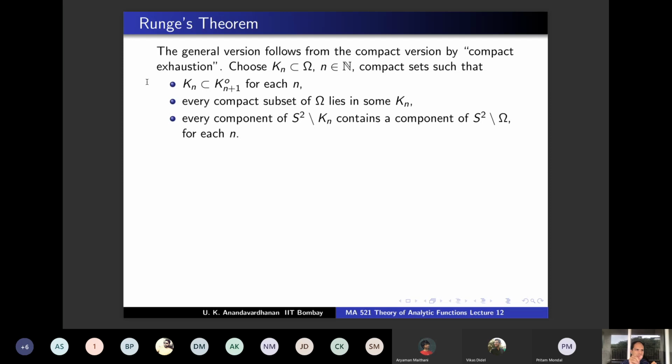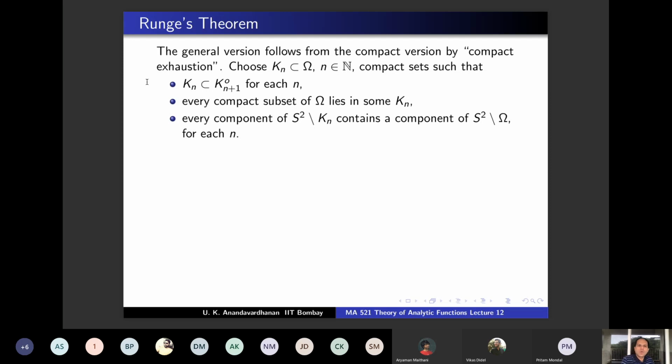One is a compact disk inside the annulus, in which case its complement is everything other than that.